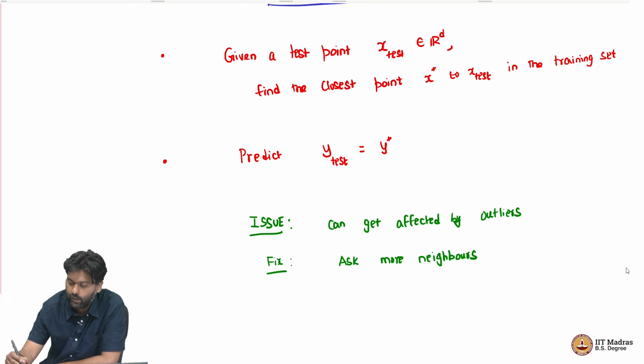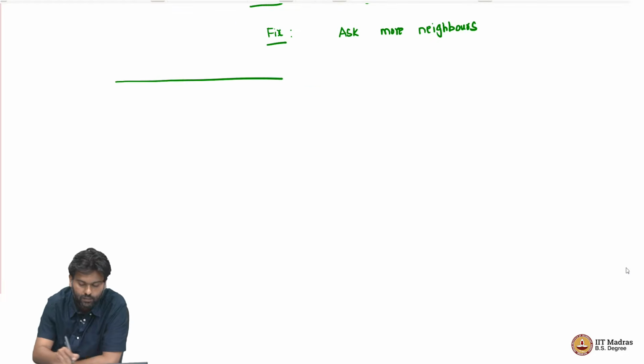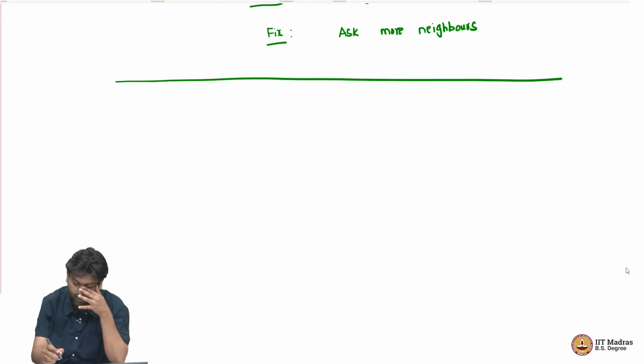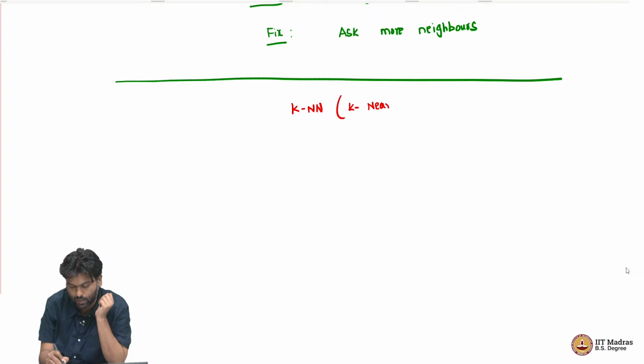That is it. So, that will give us our first simple algorithm that we will see for binary classification, which is the algorithm called KNN, which stands for K nearest neighbours. So, what is the algorithm?